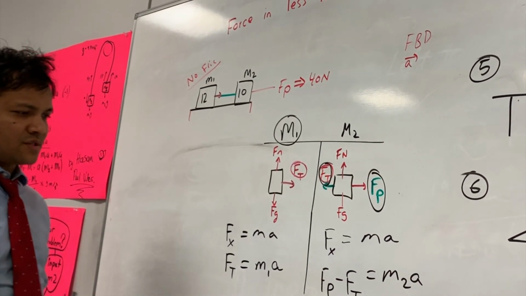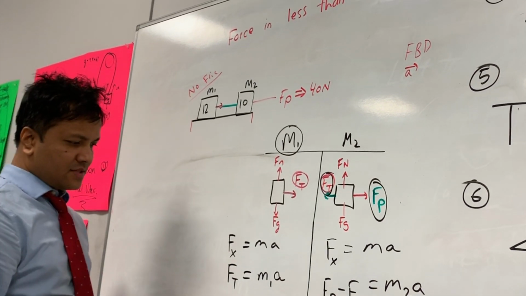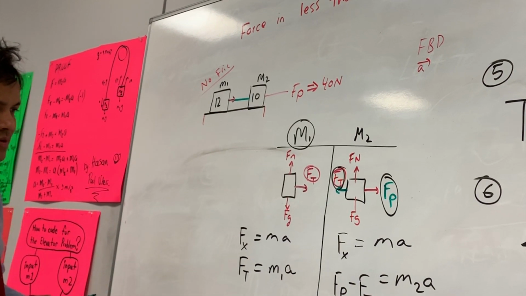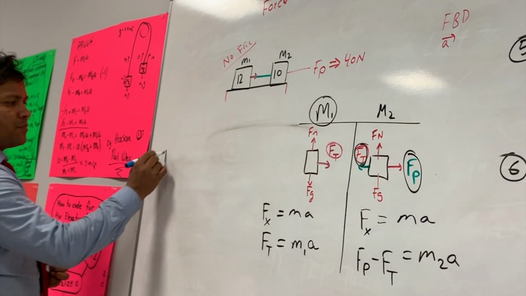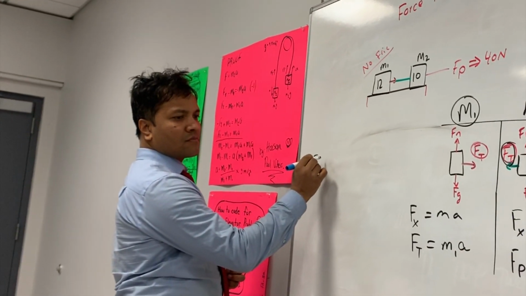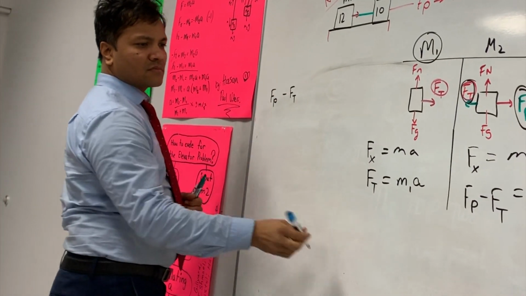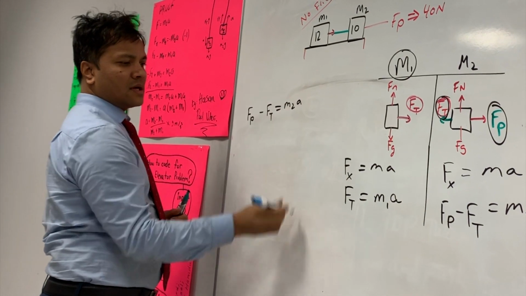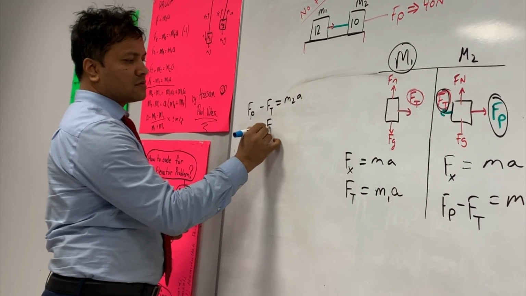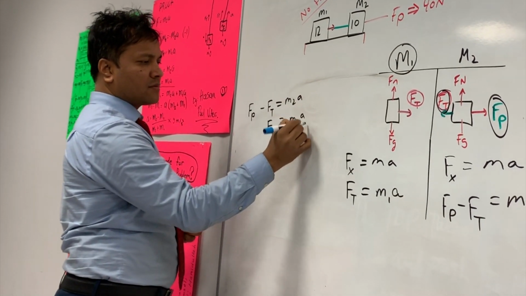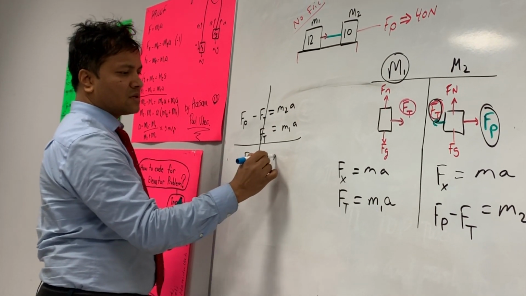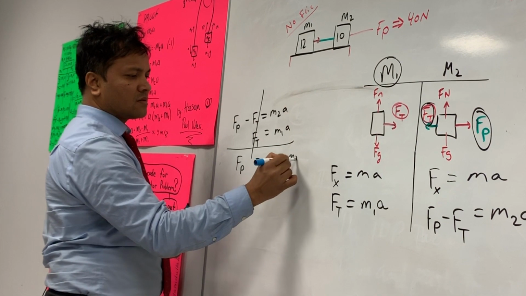Okay, so I have two equations. Now I have a system of equations. Let's put them on top of each other. Fp minus Ft is equal to m2a. And Ft is equal to m1a. Cancel. So Fp is equal to m1a plus m2a.